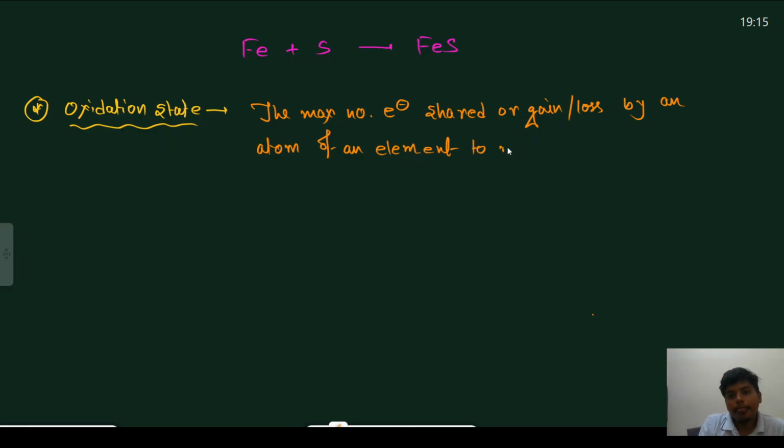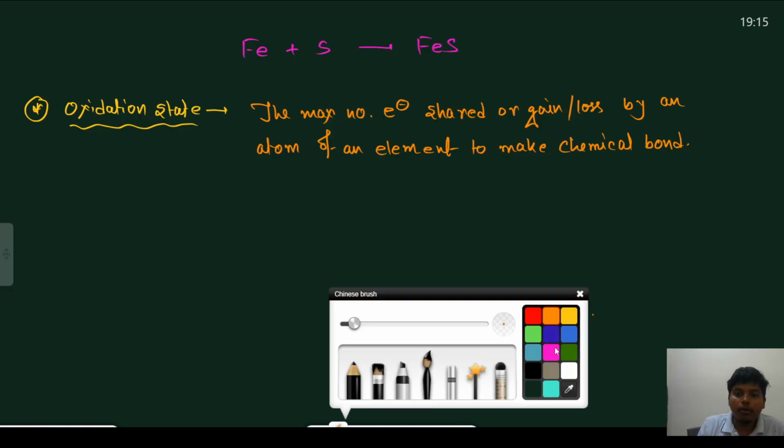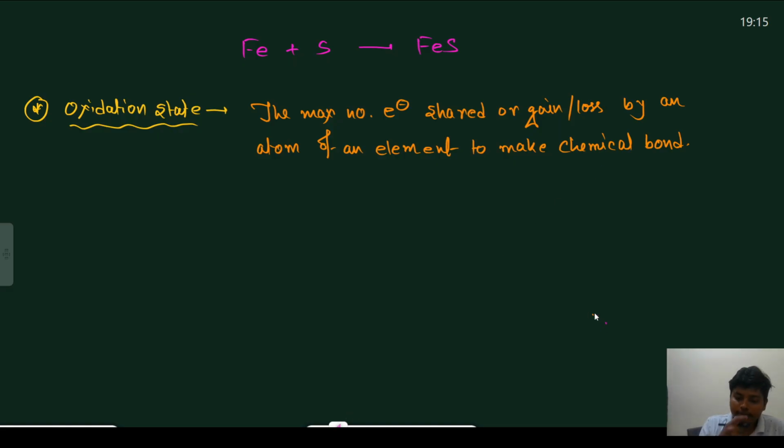To make chemical bond. Clear? So what is oxidation state? The maximum number of electrons shared or gained or lost by an atom of an element to make chemical bond. Now there are 5 rules I am telling. By those 5 rules, you can calculate oxidation state of any atom of an element.